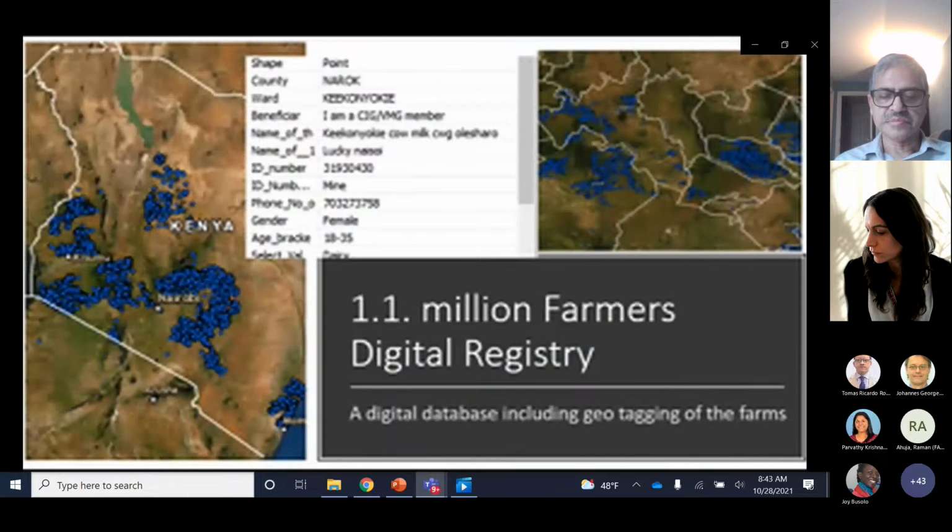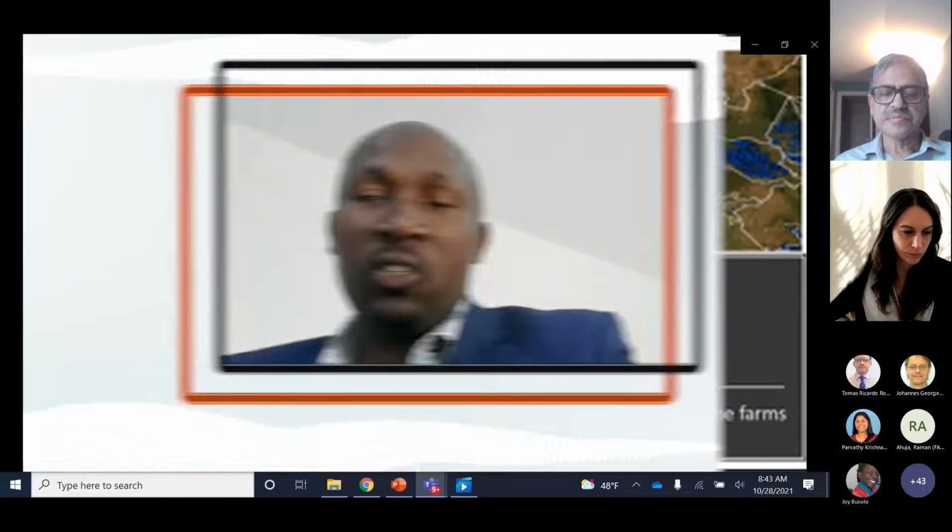The second thing we have done at the counties is we have gone ahead and registered all the 1.1 million farmers and their farmer institutions. This is the CIGs and the farmer producer organizations, and put this information into a digital database. At the farmer level, the farms are geotagged.